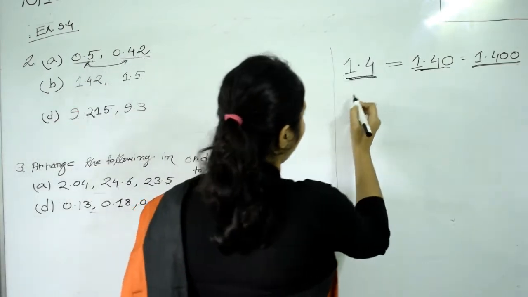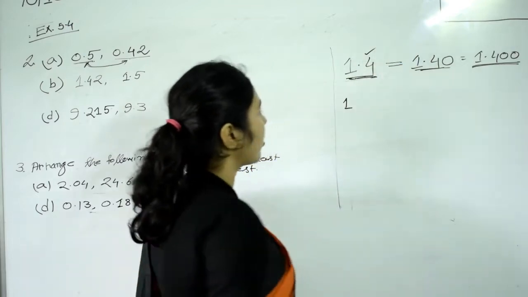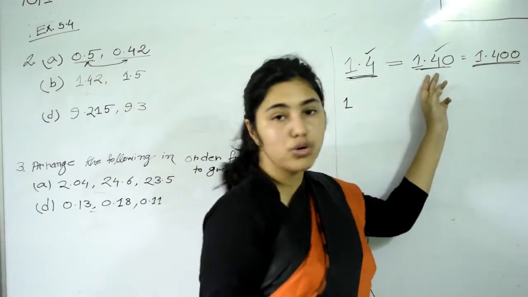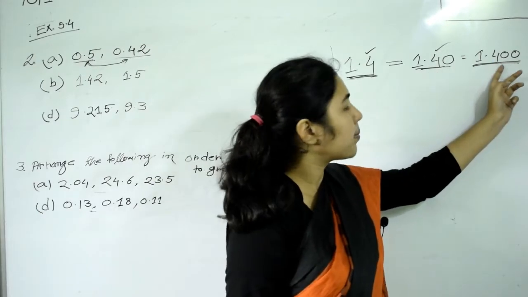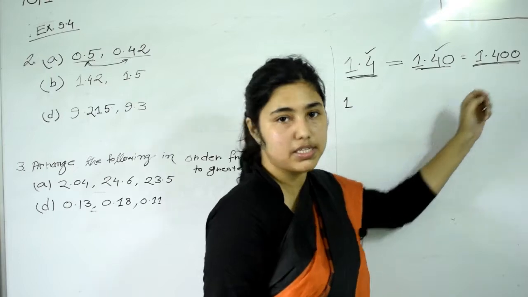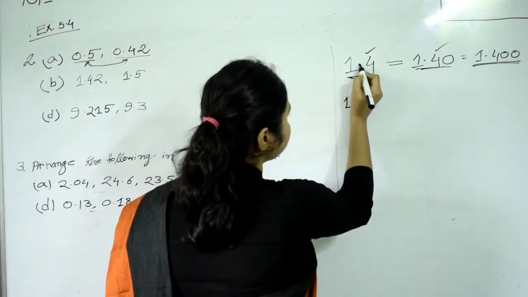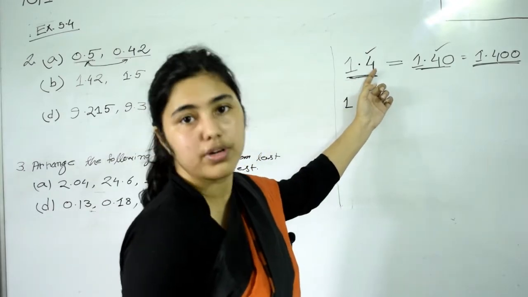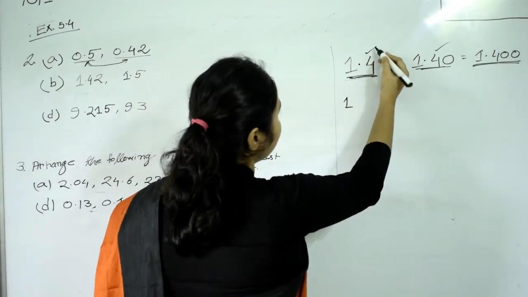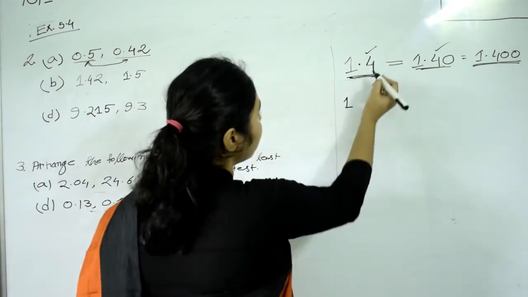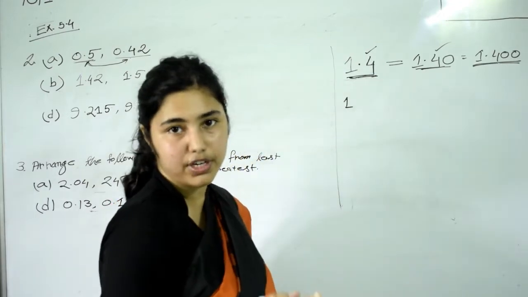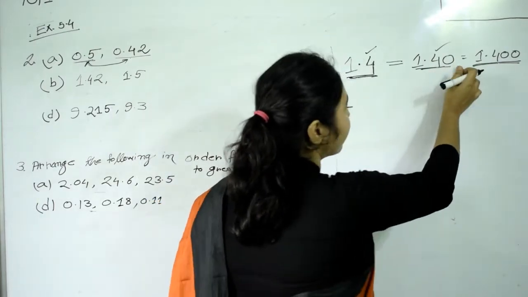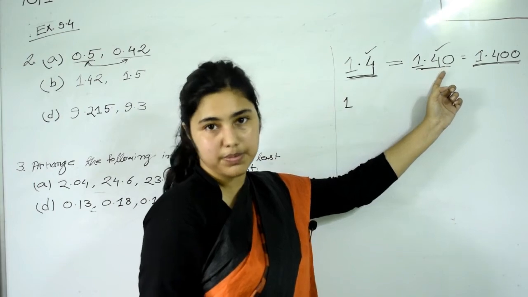Okay, now here we have only one decimal place, but this number has two decimal places, and this number has three decimal places, right? After this decimal point, the last digit is 4, because here it has only one decimal place. So 4 is our last digit after the decimal point. So we can add 0 after the last decimal place.